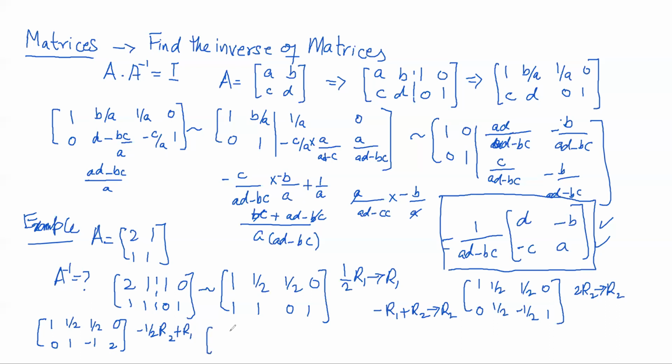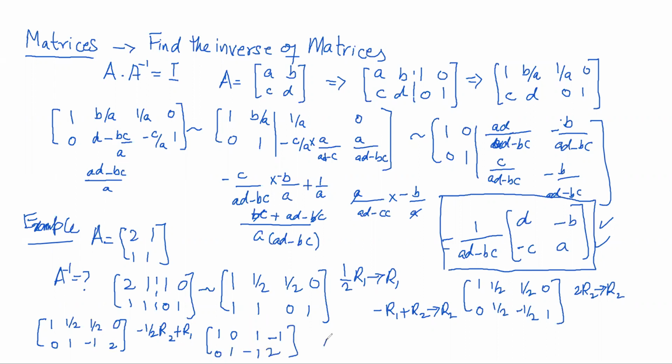So in this case, it will be then 1, 0, and then because it will be minus 1 by 2 row 2, it will be plus 1 by 2, plus 1 by 2, plus 1 by 2 is 1. And then since it was minus 1 by 2, it will be minus 1 plus 0 is minus 1. Okay, and then it will be 0, 1, minus 1 and 2.